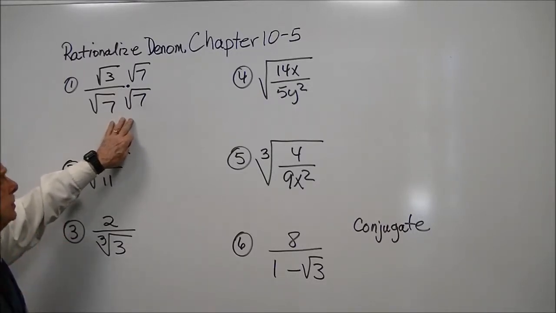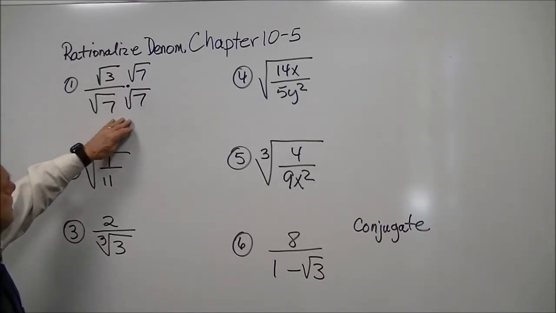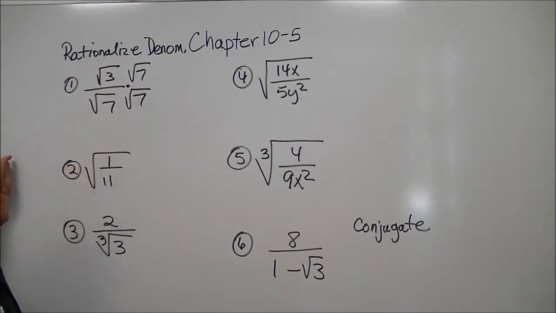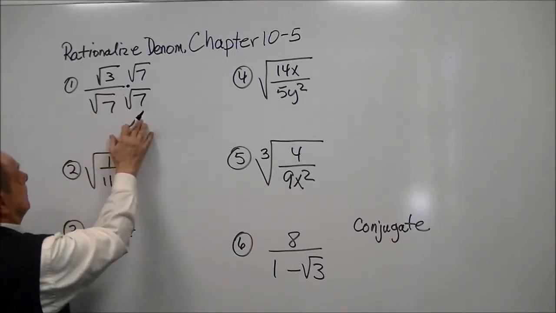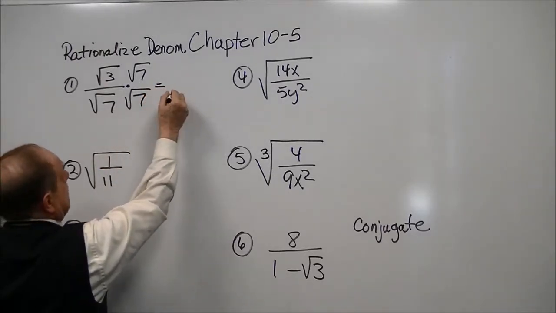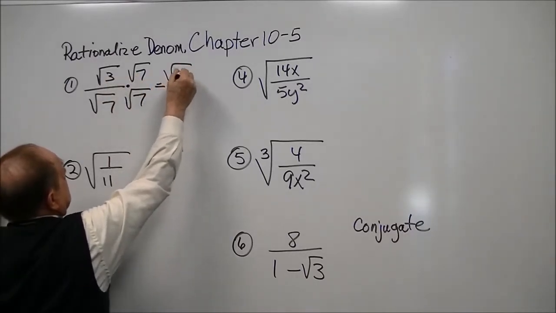Well, there's a little bit of judgment there, but we want to pick a number that would make it the smallest denominator. So in this case it is 7. This is the square root of 49. Square root of 49 is 7. And this becomes the square root of 21.